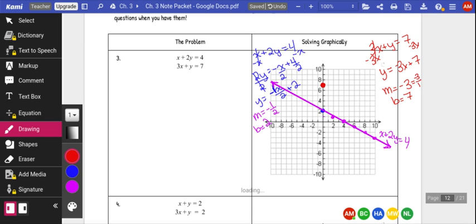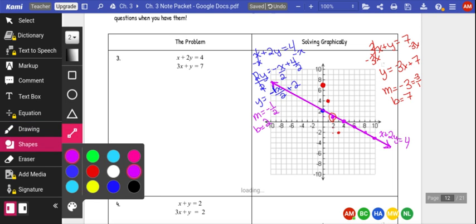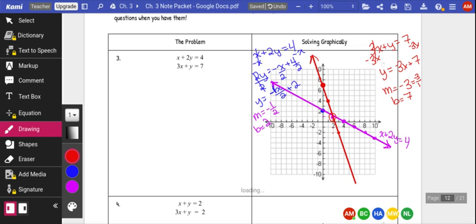So we go down 3, right 1. Down 3, right 1. That's where they intersect. Down 1, 2, 3, right 1. And I can draw in my line. Finish it off with arrows and the original equation, 3x plus y equals 7.